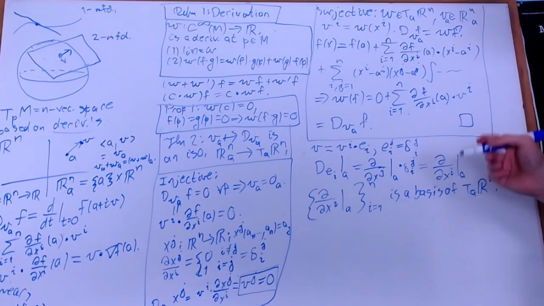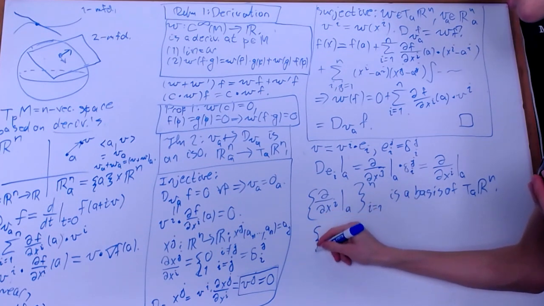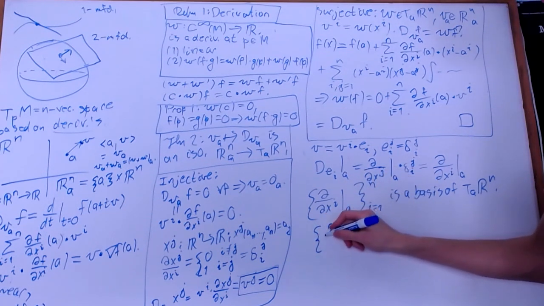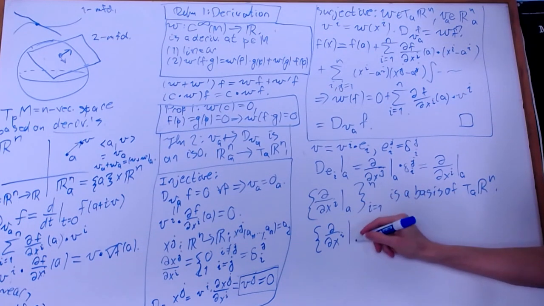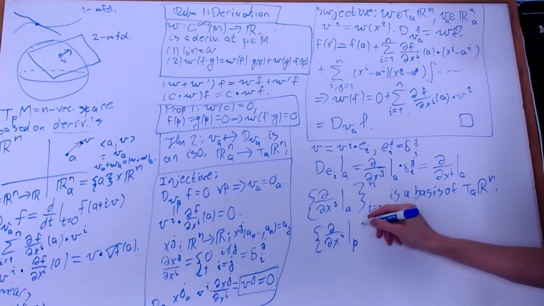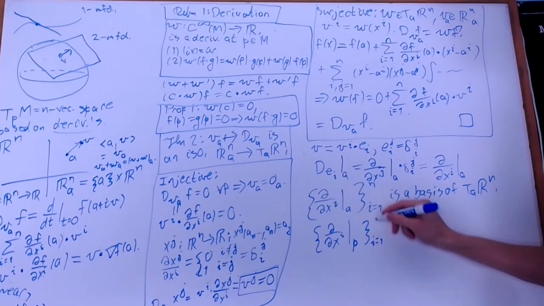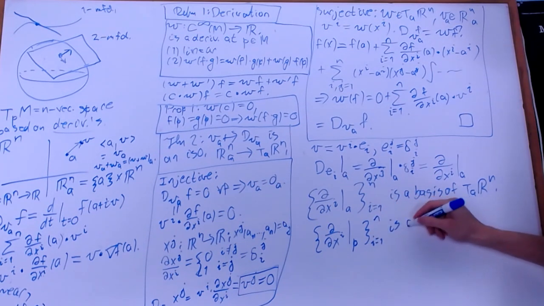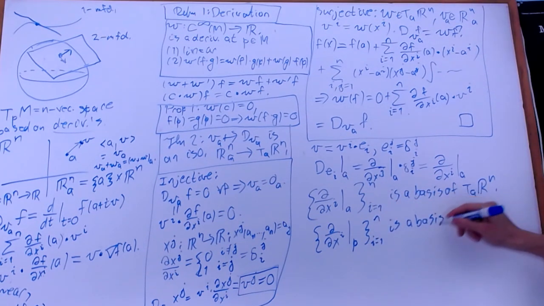And what we will prove in the next video is that the collection of some analogous idea of partial derivatives evaluated at the point p for i equals 1 to n is a basis of the general tangent space, TpM, for the n-dimensional manifold M.